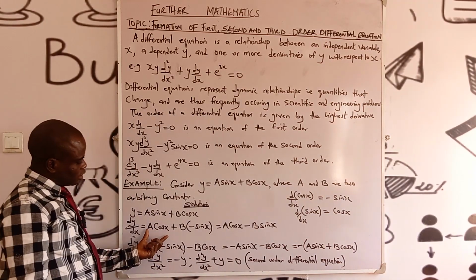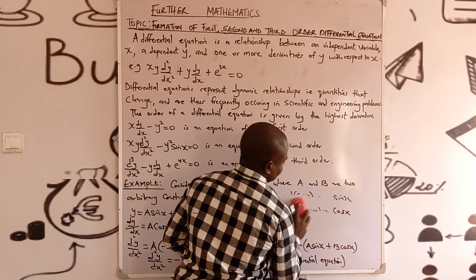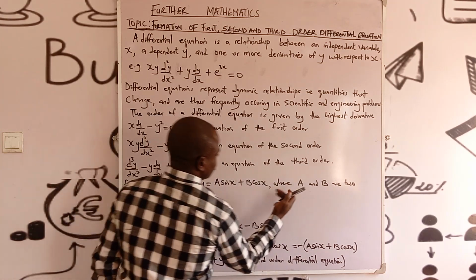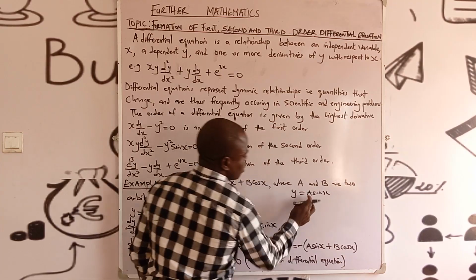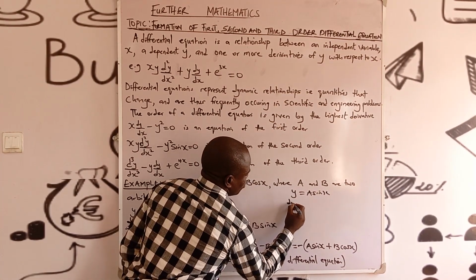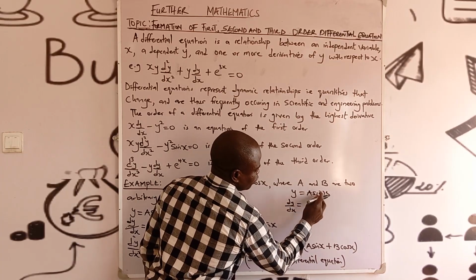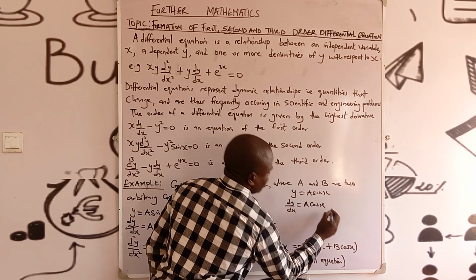This one has two constants. Now, to get a first order differential equation, you must have one constant. Let's say y equals a sine x. We have one constant like this. You have dy over dx equals a cos x, because when you differentiate sine you have cos.